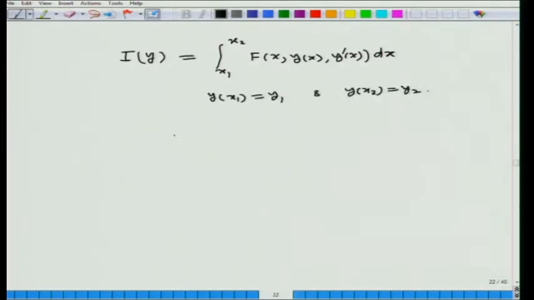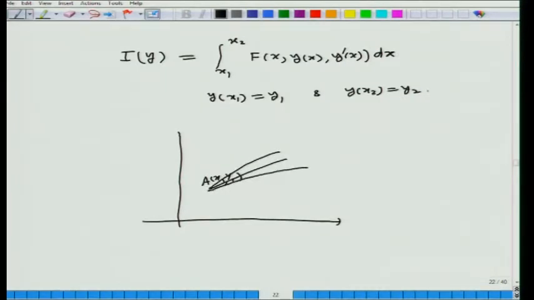So, we have the situation here that the point A, having coordinates x 1, y 1, is the center of a field here at this point. We have the extremals going like this, and we assume that the extremals are given as y equal to y of x, c.